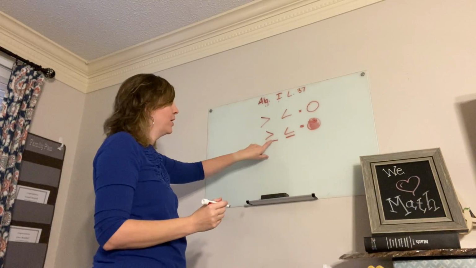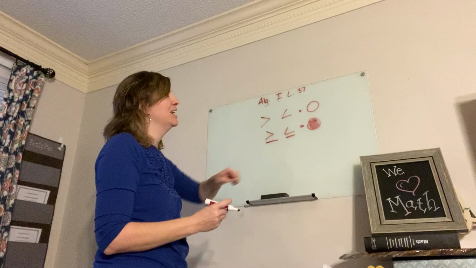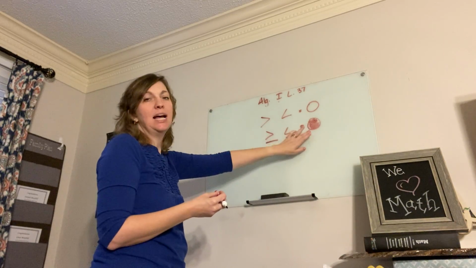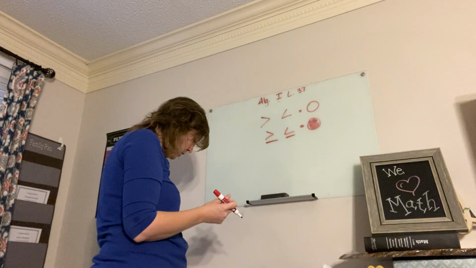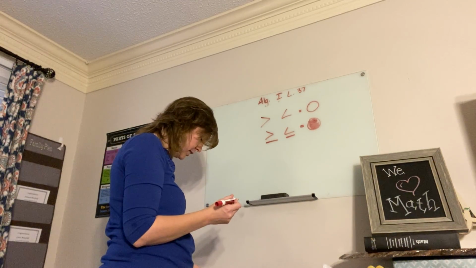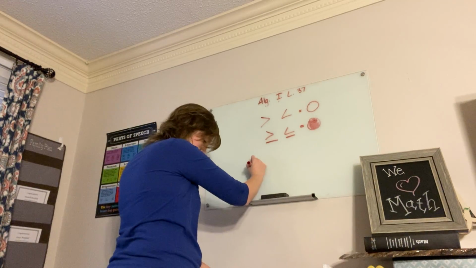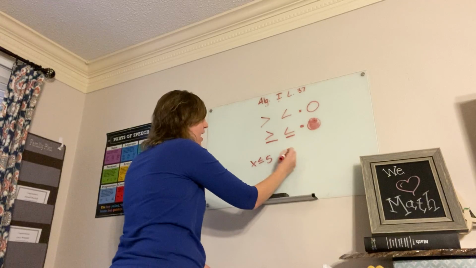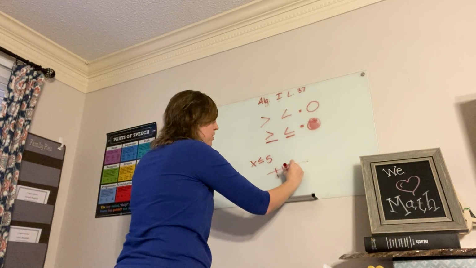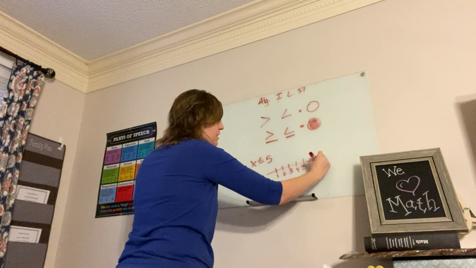One thing I want to point out is there's an extra mark inside. That's one way I remember it. This or equal to means it does include the point. So if your book says draw a number line and graph the solution, x is less than or equal to 5, here I am at 1, 2, 3, 4, 5, 6, 7.